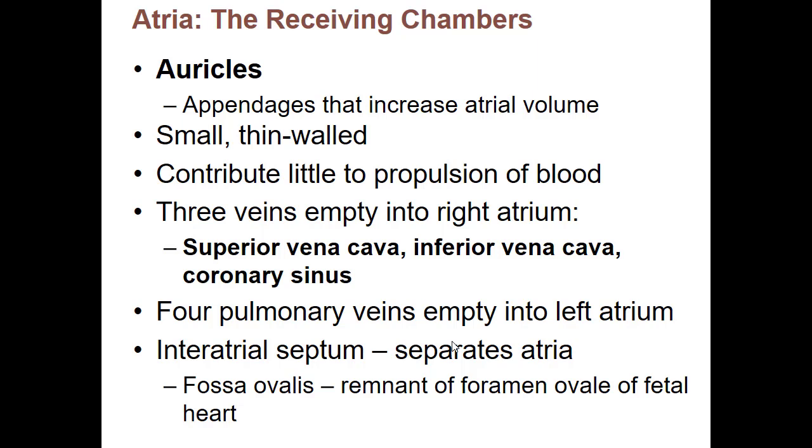Now, in there, before birth, did a fetus need to send its blood to the lungs to get oxygen? No. They weren't breathing oxygen. They were getting all their oxygenated blood from mom. And so a fetus's heart doesn't do all of this. They shunt their blood a couple different ways. In a fetus, while it's still growing, there's a hole that actually connects these 2 atria.